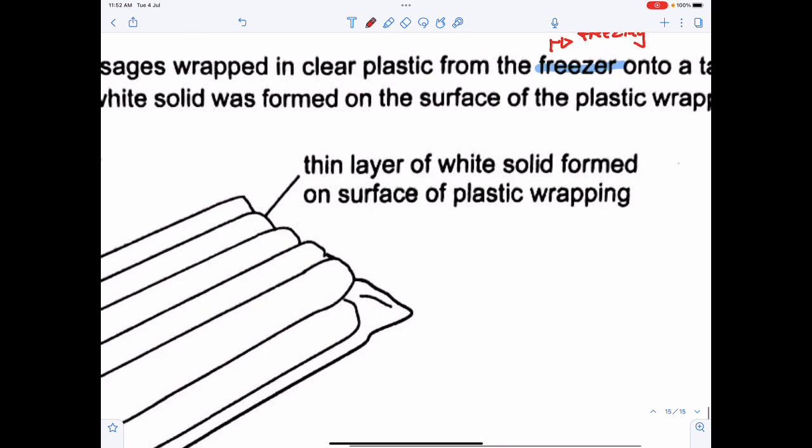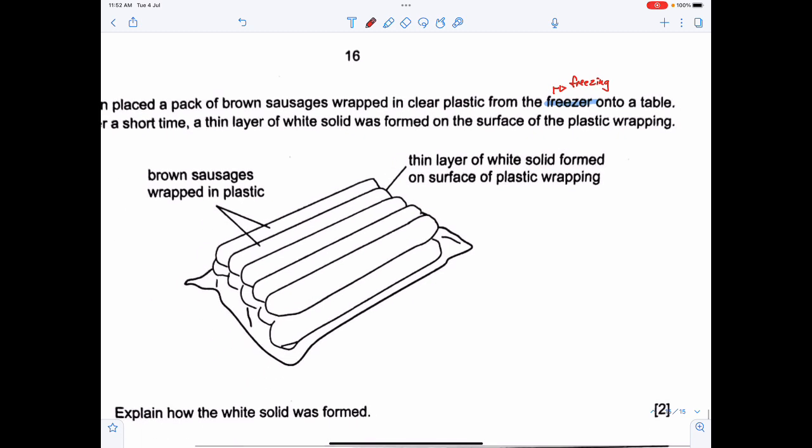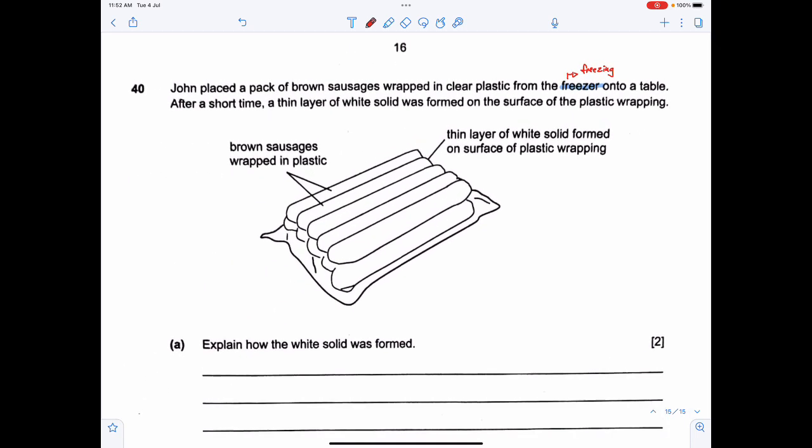So this would more or less tell you that it's got to do with the changes of states of water topic, probably water cycle. So it tells you that after some time, a thin layer of white solid was formed magically. So obviously things cannot just happen, right? So roughly you would know that since the word freezer or freeze is there, it's got to do with water, and probably it's got to do with the topic on water cycle.